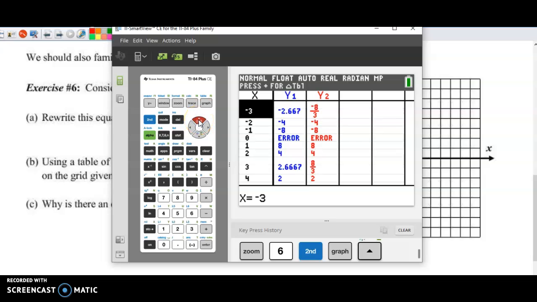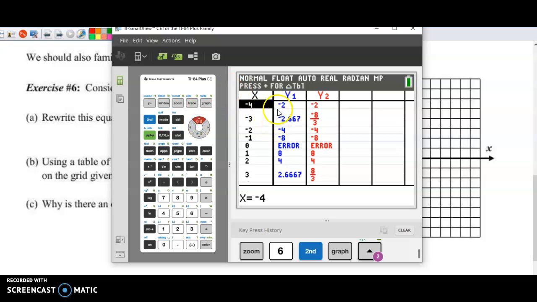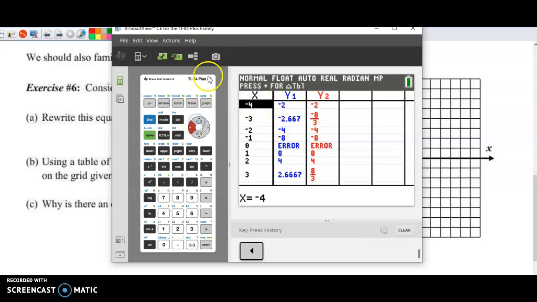I'm just going to use a few points, like -2, -4, -1, -8, 1, 8, 2, 4, 3, 4, and so on, and maybe one more, -4, -2. I need to hurry up.